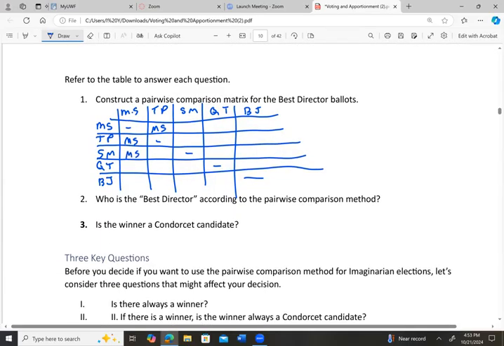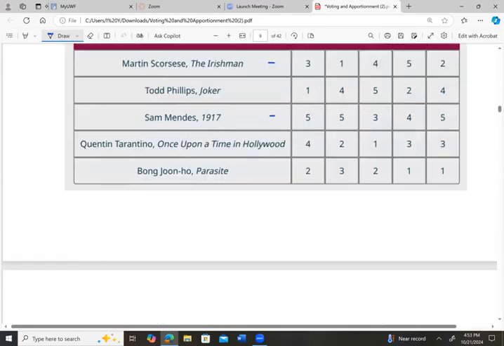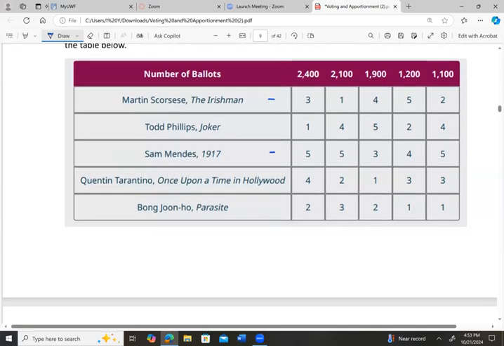Okay, then we have Scorsese versus Quentin Tarantino. Again, 3 beats 4, 1 beats 2, 1 beats 4, 3 beats 5, 2 beats 3. So again, Scorsese wins. Looking real good for Scorsese right now.